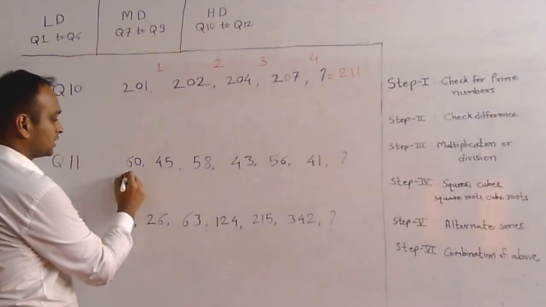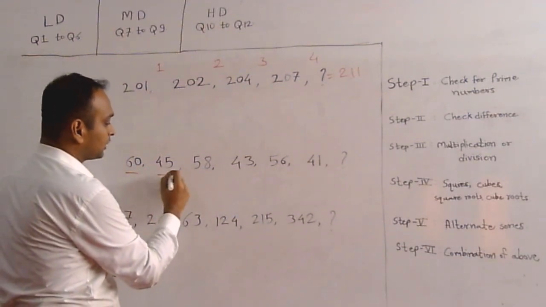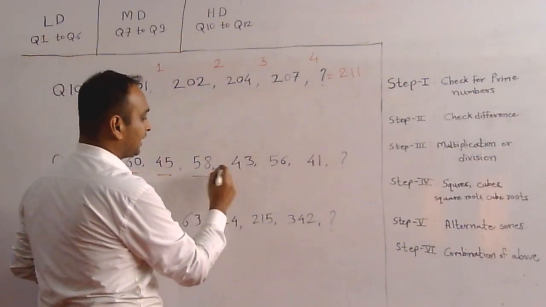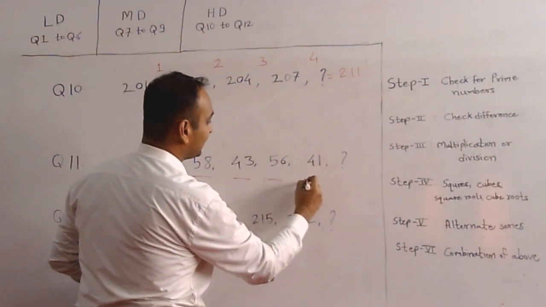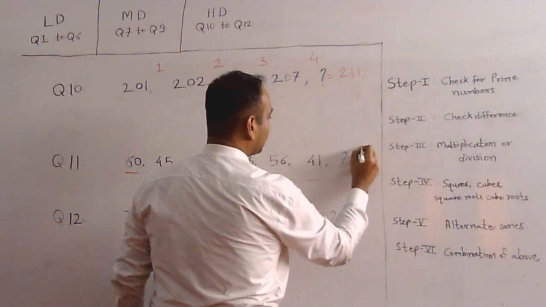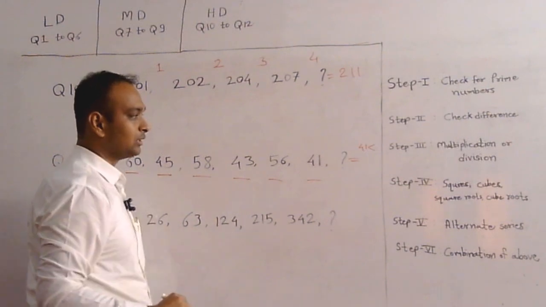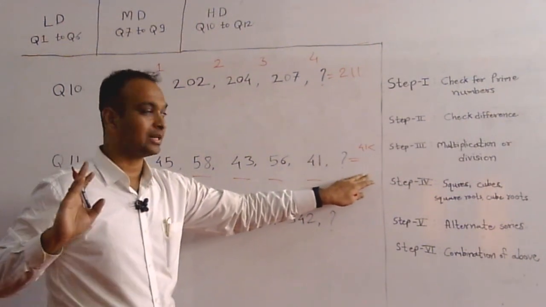So here we have 60, then 45, which is less than 60, then 45 to 58, which is again more than 45, 58 to 43, which is again less than this, more than this, and again less than this. Obviously, our answer will be greater than 41. The answer will be greater than 41, but we don't know exactly what number it is, but it should be greater than 41.